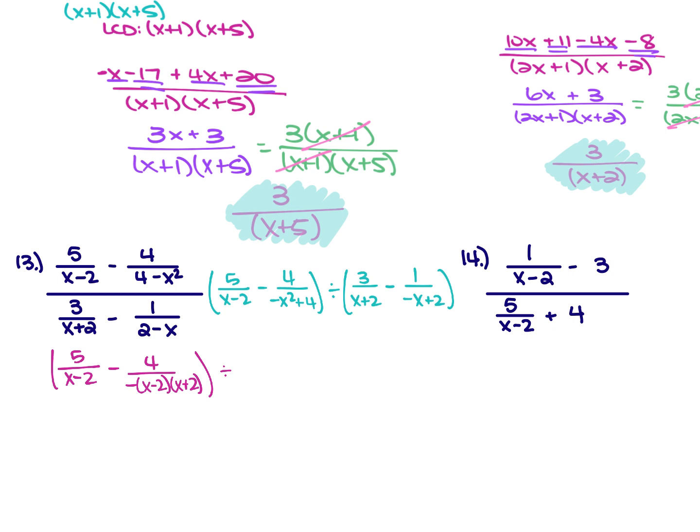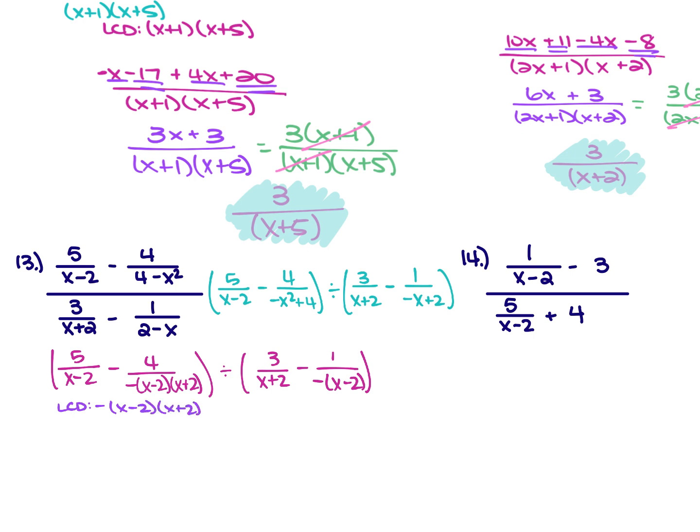Your second set of parentheses, the 3 over x + 2 is going to stay. The negative x + 2 is going to become 1 over the opposite of x − 2. So your least common denominator from the first set of parentheses is the opposite of (x − 2)(x + 2).